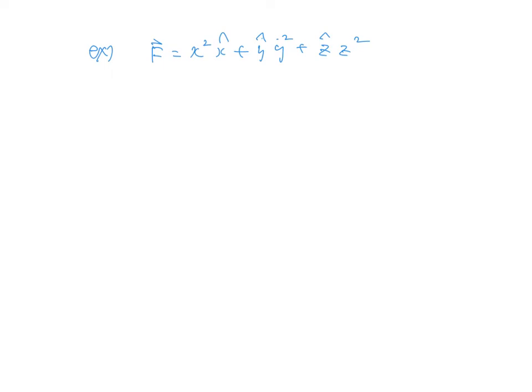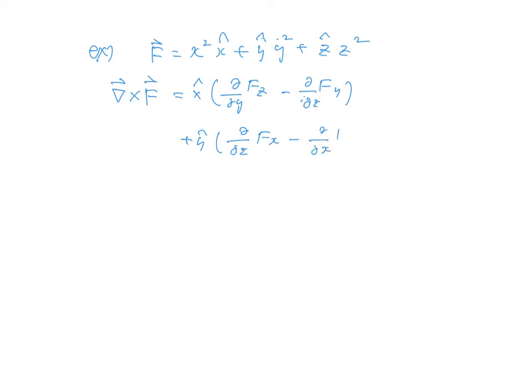Let's try to calculate the curl of f: the x component is partial y of fz minus partial z of fy, the y component is partial z of fx minus partial x of fz, and the z component is partial x of fy minus partial y of fx.